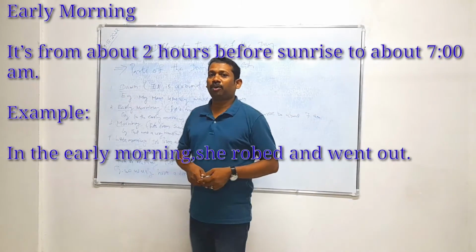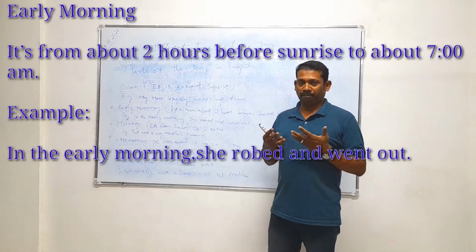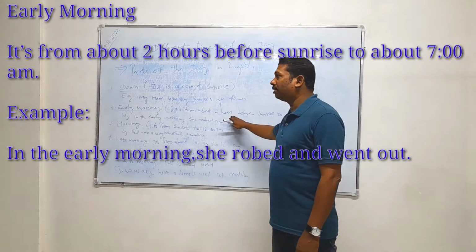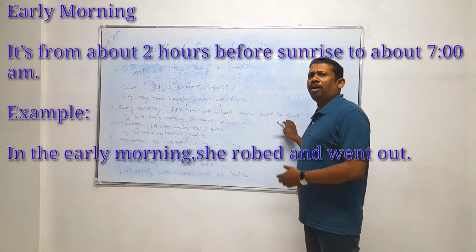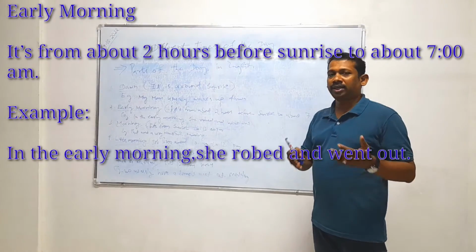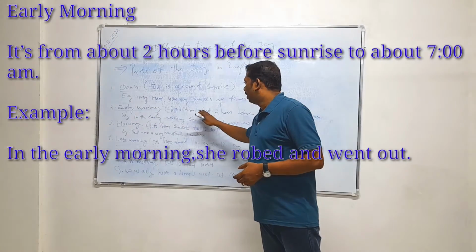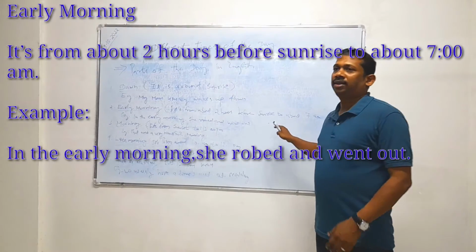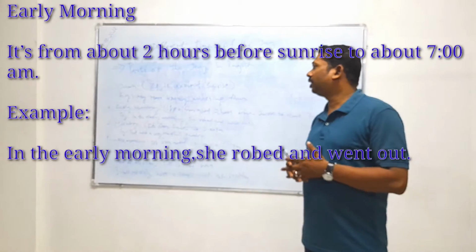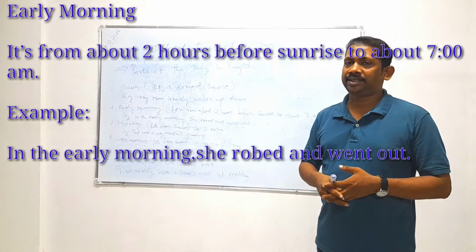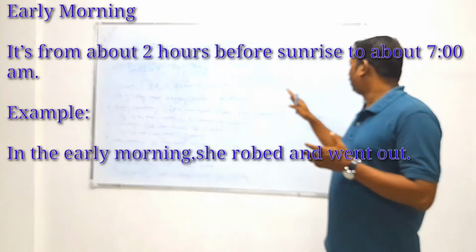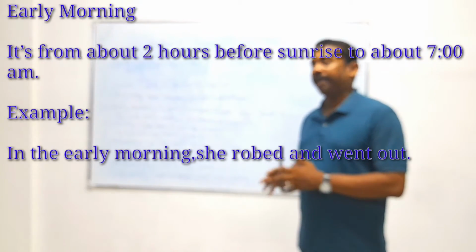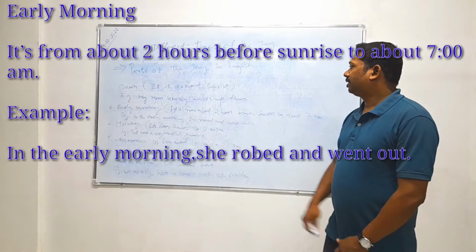Next, let's see early morning. Have you heard about early morning? What do you mean by saying early morning? Early morning is from about 2 hours before sunrise to about 7 a.m. So when you say early morning, you mean before 7 a.m. Let's see one example.